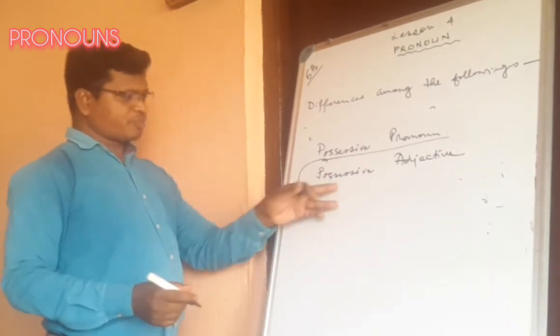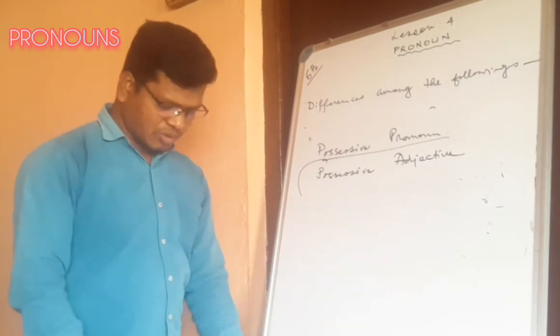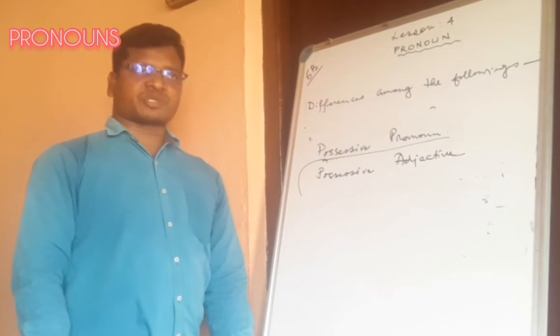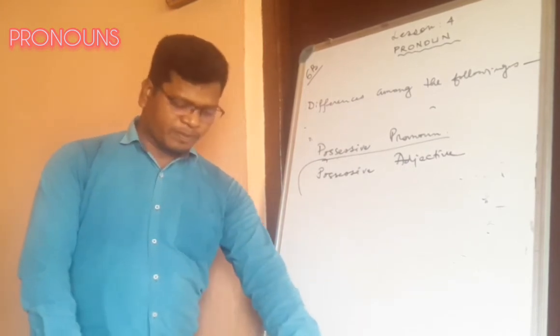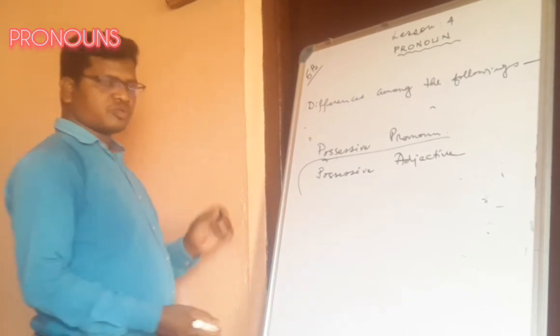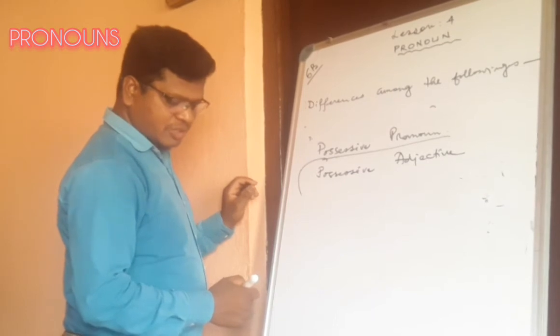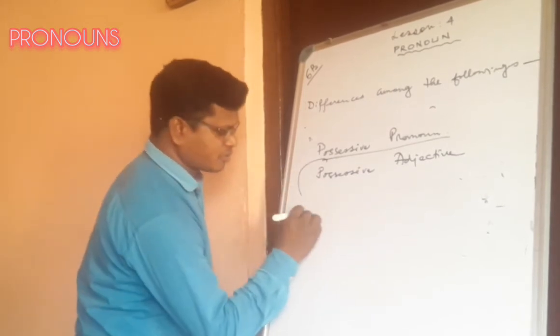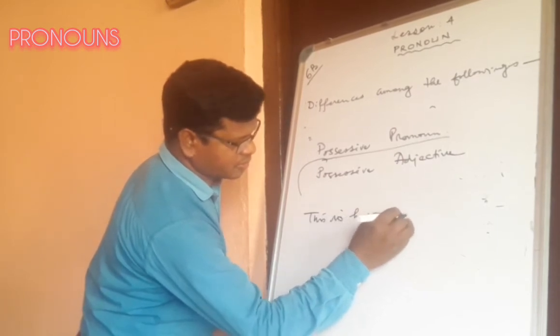To find out the possessive adjective, what you have to do, as we have already seen previously, I'm just going to repeat. It is a possessive adjective when it shows who the seat belongs to. Suppose I say this is her seat.